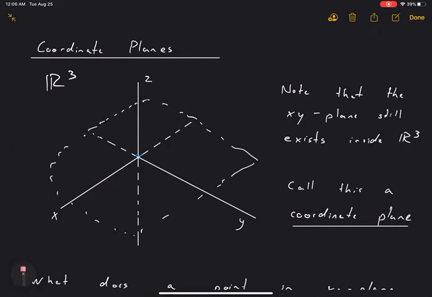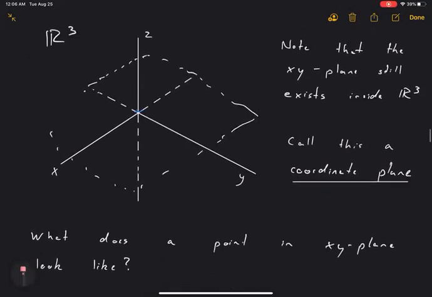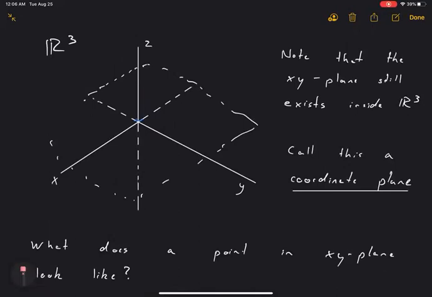So this XY plane still exists here in R3, and I just call that my XY coordinate plane. What do you notice about the points in the XY plane? What's in common with all these points? What's the Z coordinate of all these points?